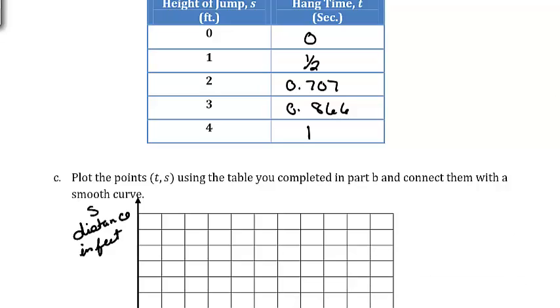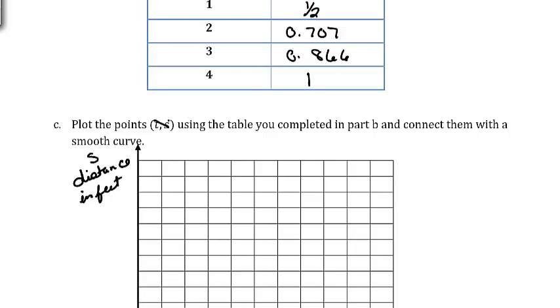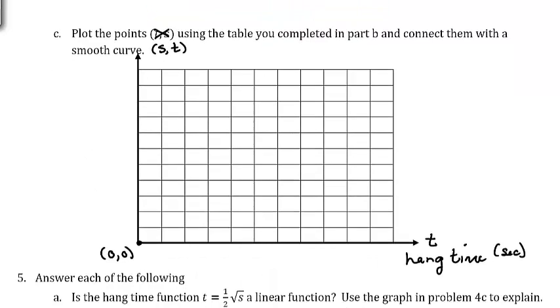Okay, I double-checked the textbook, and this is the way that they have it written, but they really want us to plot s on the x-axis and t on the y-axis, which is kind of what I figured and was a little bit hesitant about. So let's go ahead and make that change.